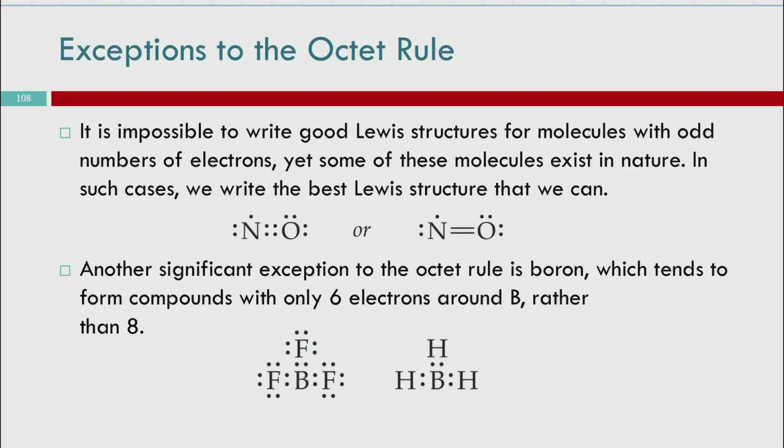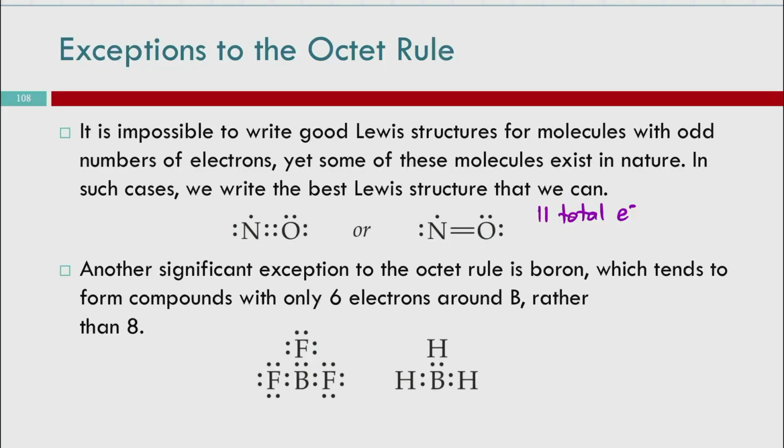So for example, if we did NO, nitrogen has 5 electrons, oxygen has 6 electrons, we would end up with 11 total electrons. Right, 11 valence electrons. We would end up with a double bond. That's 4, so we'd have 7 of our 11 left. We'd place 4 on oxygen, 3 on nitrogen. That does actually exist in nature. It's stable.